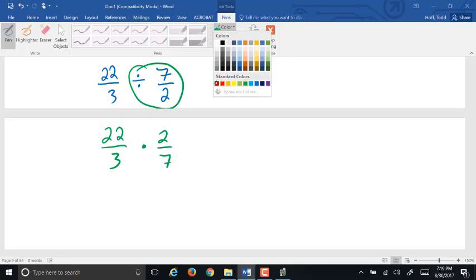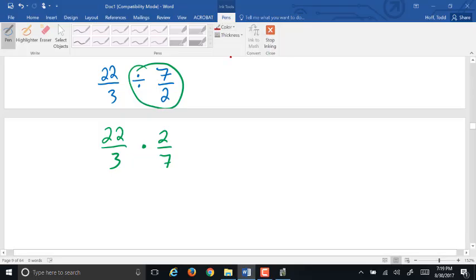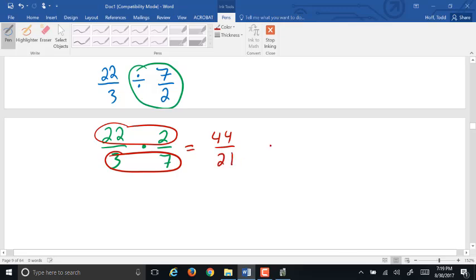Now we could cross cancel if there was anything that did cancel. Here there is not. So we're just going to multiply. 22 times 2 is 44. 3 times 7 is 21.